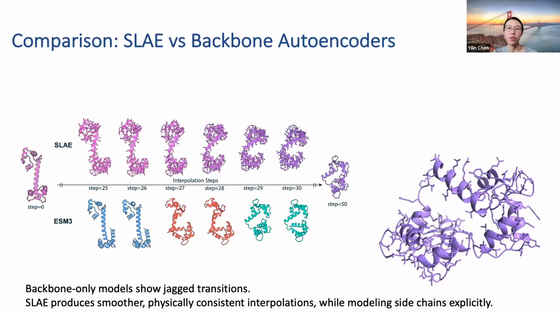The ESM3 has these pathologies, where the conformations jump in steps right next to each other. It's kind of snapping back to its training data set a little bit and has these jagged transitions. We think that SLAE produces smoother and more physically consistent interpolations, and we can also model side chains explicitly.